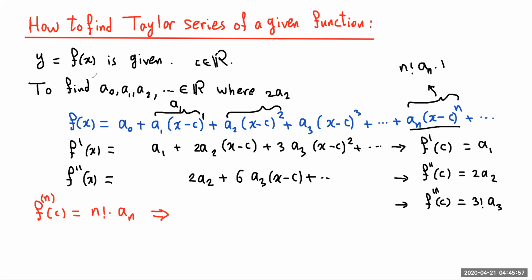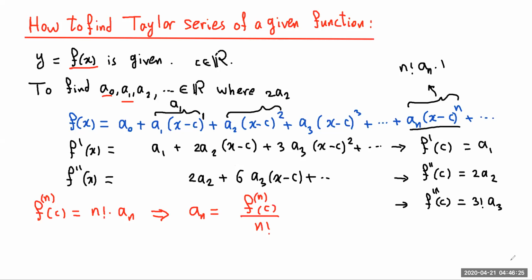If I know the function f, I can calculate each number here, a0, a1, a2, etc. So an equals the derivative of order n of the function f at the number c divided by n factorial.